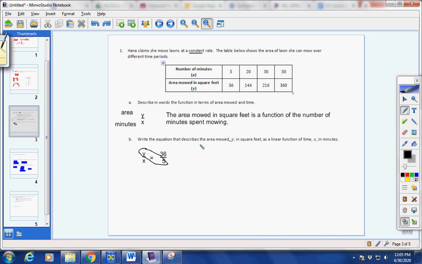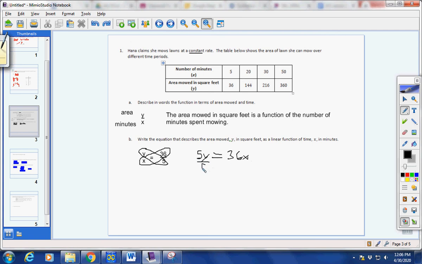So I get 5 times y, and that has to equal the other cross product, which is x times 36, or 36 times x. And then to solve this, remember what we do is we always solve for y.